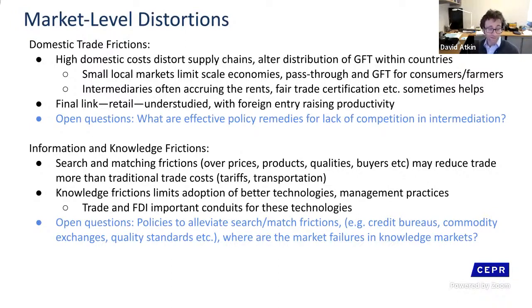Would that potentially benefit the end consumer or producer, or perhaps not, by stopping access to certain goods or products that the intermediaries were able to provide through the economies of scale they have in trading? Similarly, fair trade certification and other such policies may provide a way to provide a better deal for consumers or for farmers or workers or producers, etc.